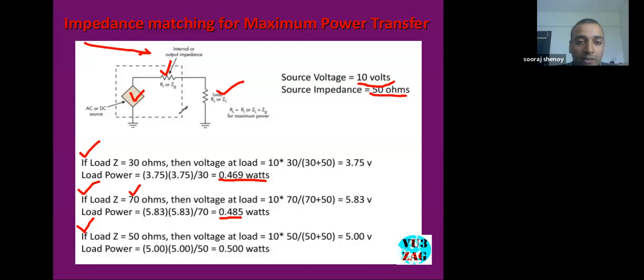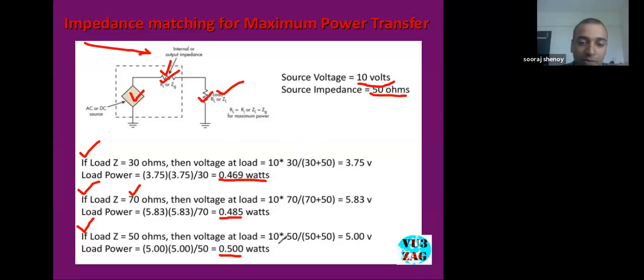Now next, when we match the impedances, that is the load impedance and ZG, as 50 ohms, then the power output at the load will be 0.5 watts. So that is the maximum value. The same thing is explained theoretically, and the name of the theory is the maximum power transfer theorem.